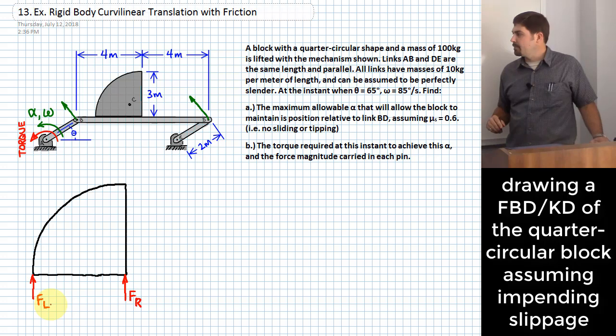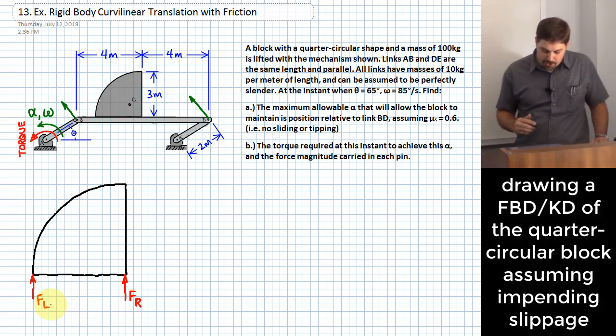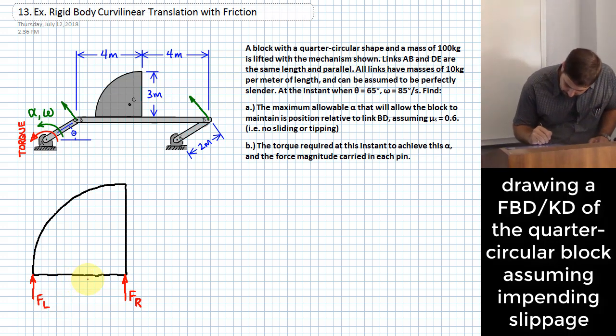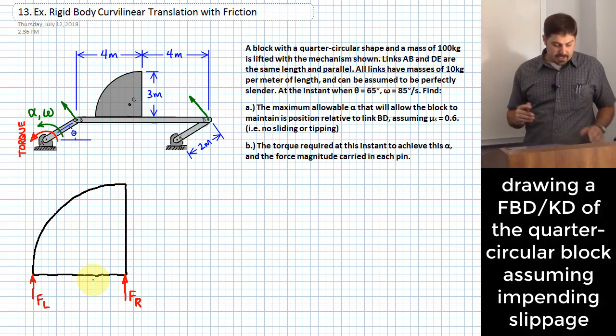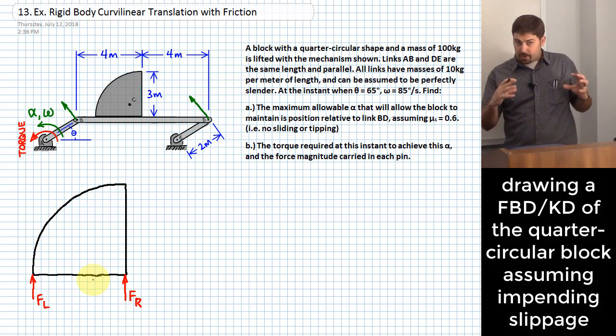Okay. The other thing I can say is that I've got a frictional force, and based on how this thing is moving and how it's accelerating, my guess is that the block is going to have to be accelerated leftward.